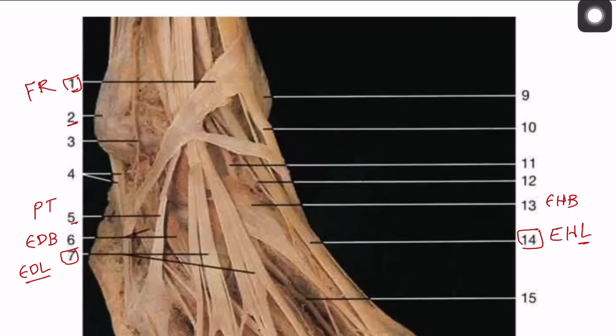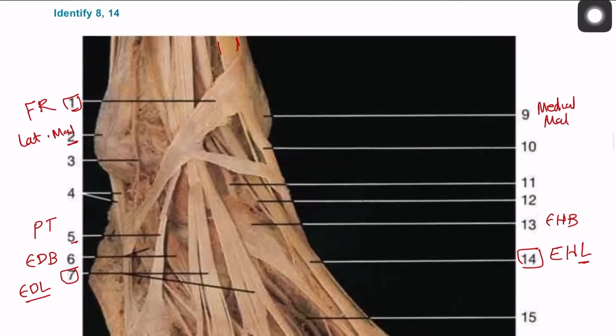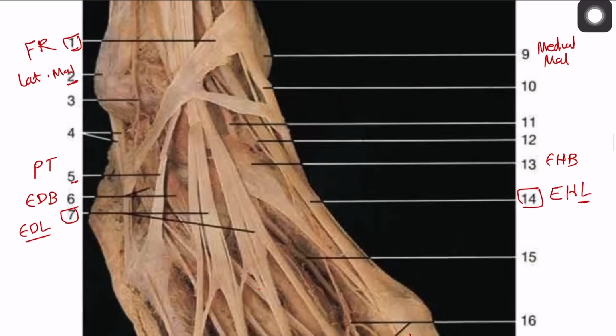You have number 2, the lateral malleolus, and number 9, the medial malleolus. Number 10 is a muscle coming all the way up from the tibia, passing in front of the medial malleolus and going into the sole of the foot. That will be the tibialis anterior muscle.